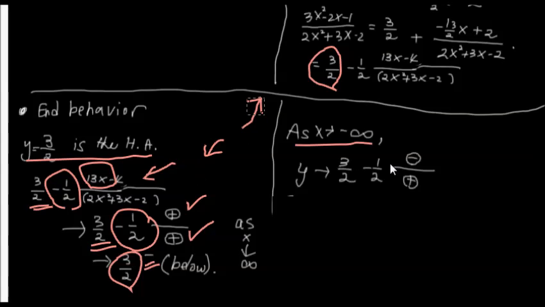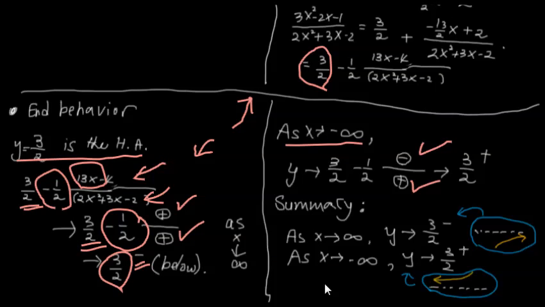That picks up a negative number there. And the denominator is even, so that picks up positive. It doesn't matter if you're approaching positive or negative infinity, because the degree down here is even, so this is going to be positive. So altogether this works out as a positive number.